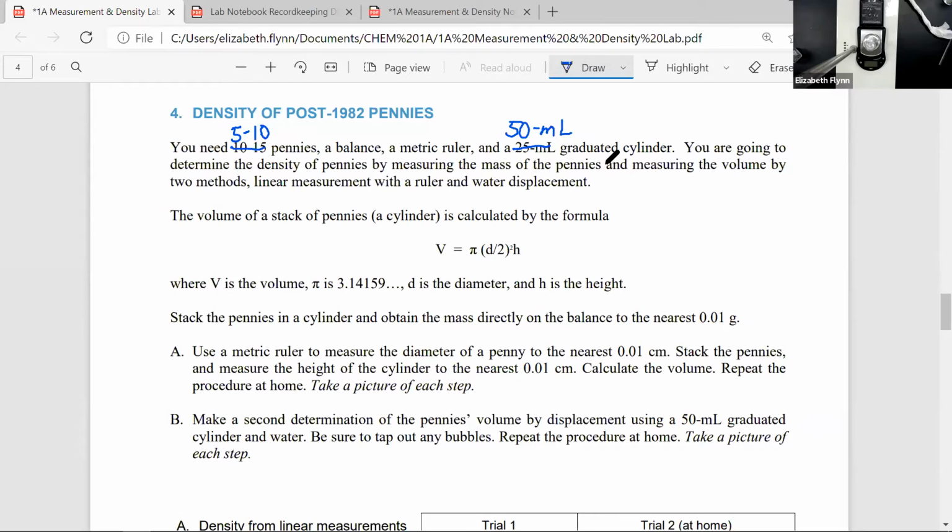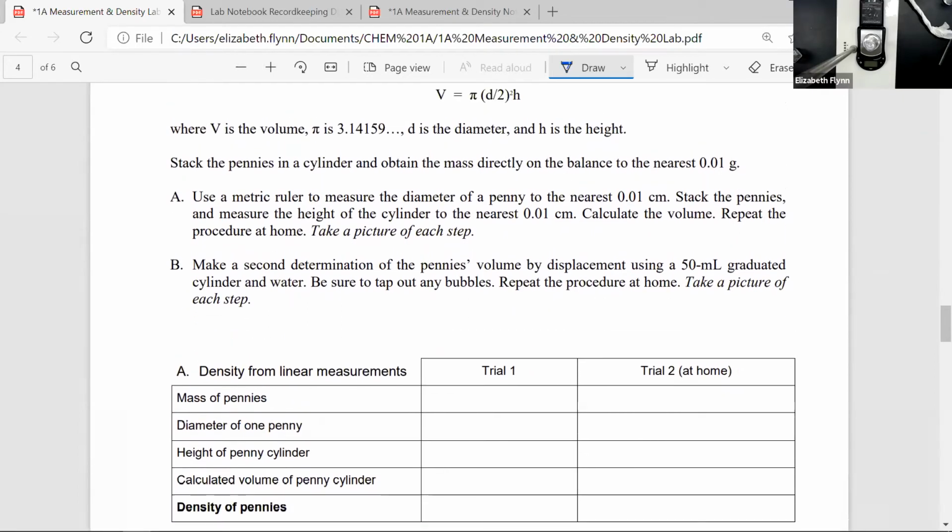Okay, so we're going to do it 2 different ways. First, we're going to calculate the volume of a stack of pennies using the equation for the volume of a cylinder, because what we can do is measure the diameter and the height of the cylinder of a stack of pennies. And then we're going to do it with water displacement. Okay, so in part B, we're going to get a volume of water.